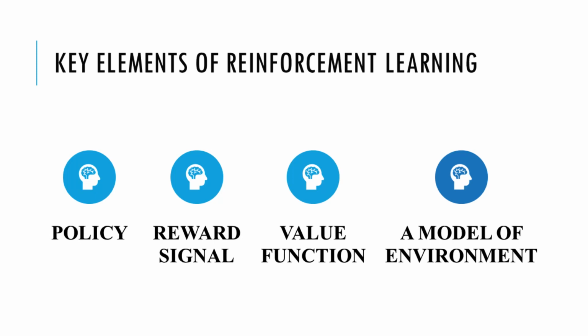Methods for solving reinforcement learning problems that use models and planning are called model-based methods, as opposed to simpler model-free methods that are explicitly trial-and-error learners, viewed as almost the opposite of planning.